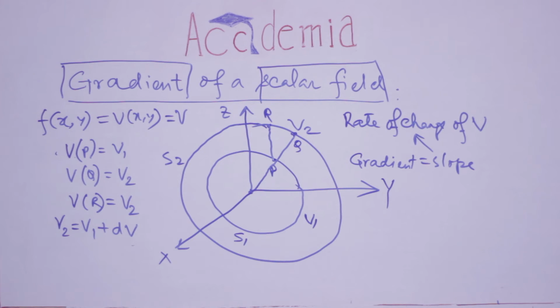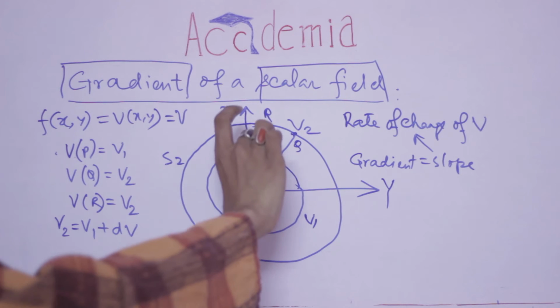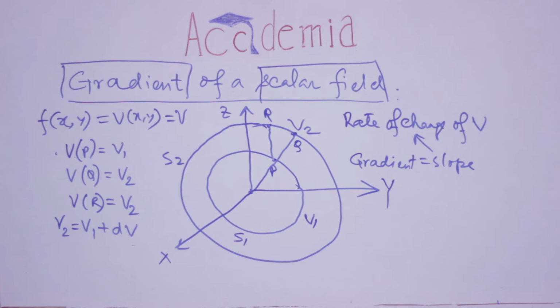Say we want to measure the rate of change of the function V from both P to Q and P to R. We know the distance between P and Q is not same as the distance between P and R. So PQ is actually not equal to PR.